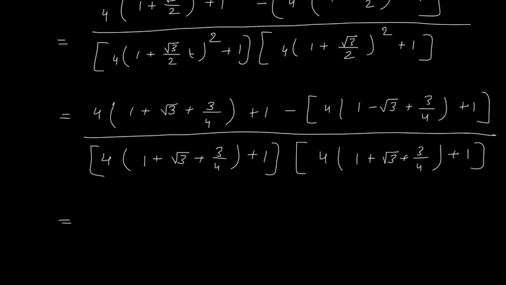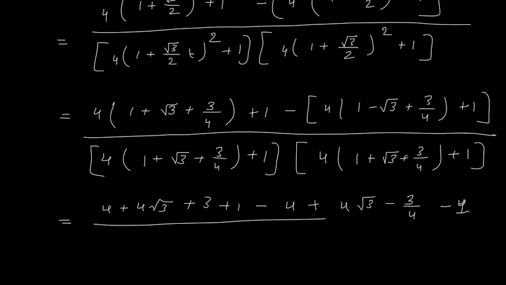We open this bracket, so it is 4 plus 4 root 3 plus 3 plus 1 minus, here it is 4 minus, it is plus 4 root 3, then it is minus 3 by 4, and then it is minus 4 minus 1.